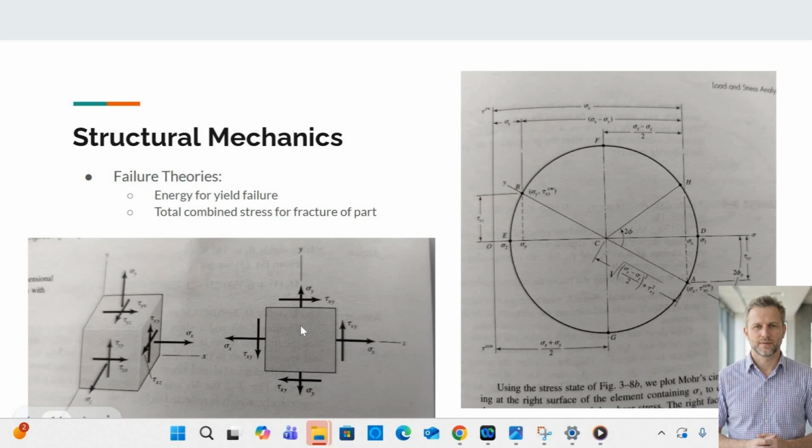But if you have a thin bracket, you could simplify it to 2D, where it's just normal stress in one direction, normal stress in the other perpendicular direction, and then the shear stress in the entire element. Then you also go over failure theories, like this is what's called Mohr's circle, where there are different stresses with angles, and what's the principal stress that could potentially cause the material to fail.